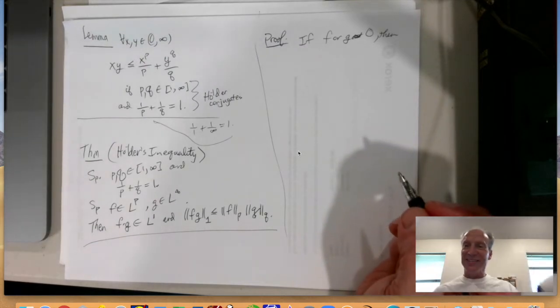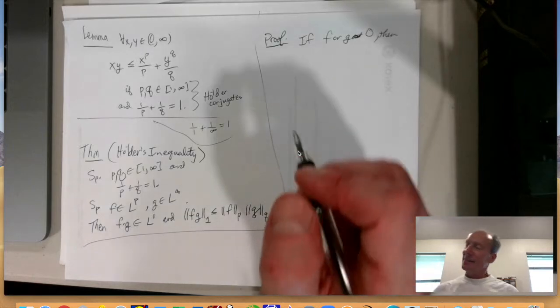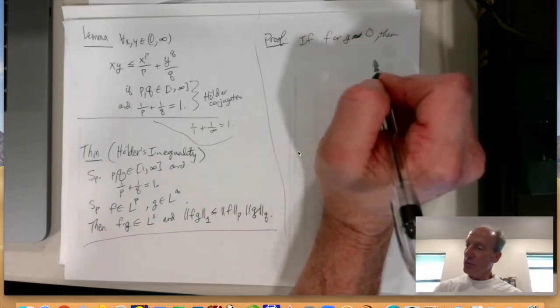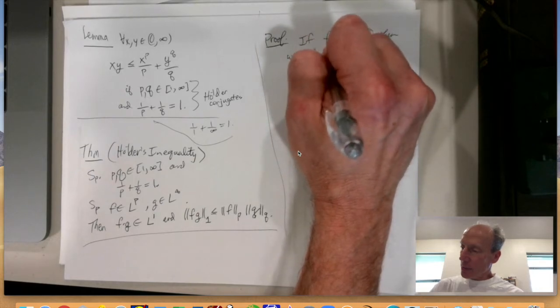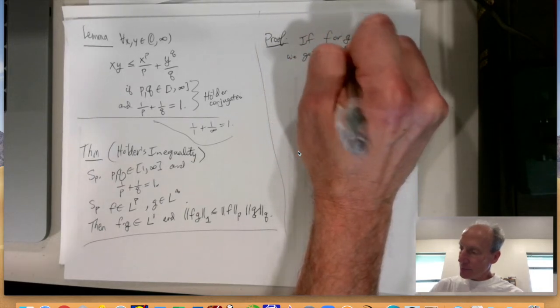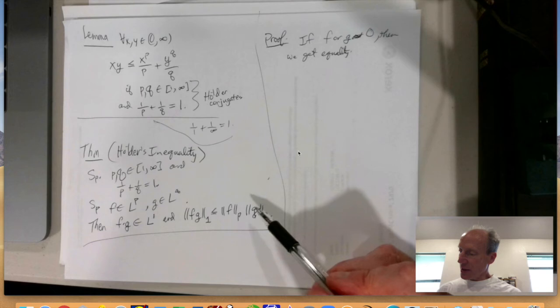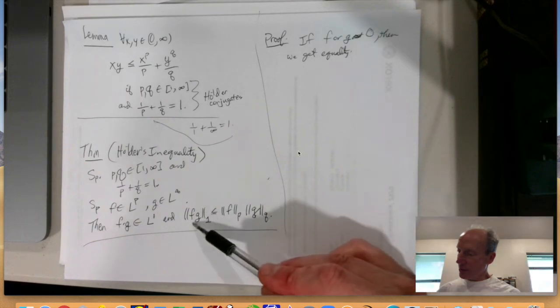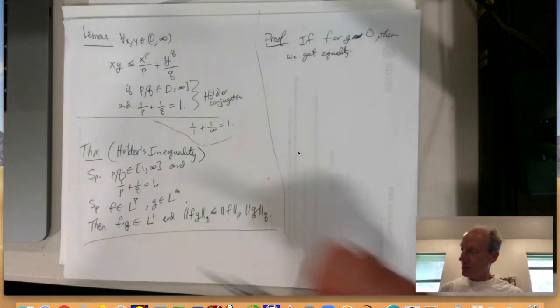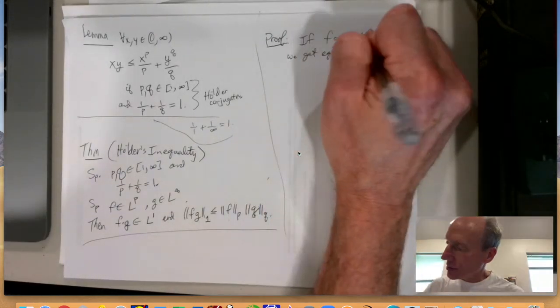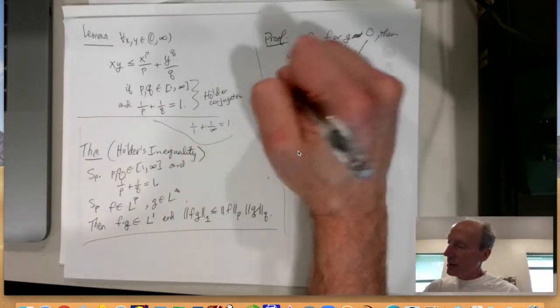That's right, Hermione. If f or g squiggles 0, then we get equality. Because let's say f is 0, that would be 0, and that would be 0. And then if g is 0, that would be 0, and that would be 0. So that's good.